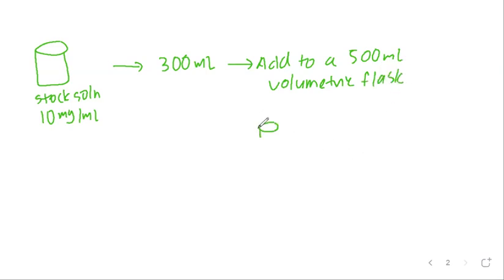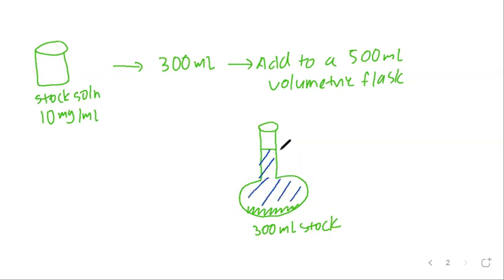So you'd have your volumetric flask down here. You put your 300 milliliters of your stock solution in. And then you'd fill it with water up to the line, which represents 500 milliliters. So that your 300 milliliter stock solution was diluted to exactly 500 milliliters of your diluted solution.